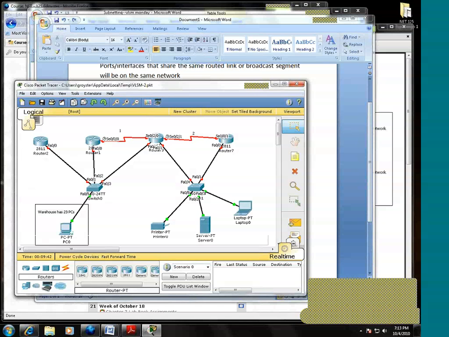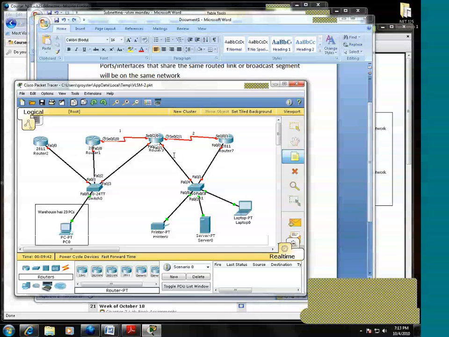So this is one network. All of these interfaces are on one network. Okay, it's a little tricky. Even the WAN connection. No, not this. This is network 2.